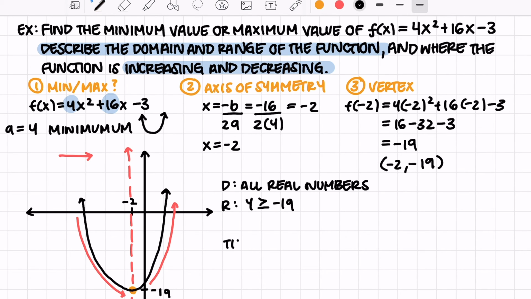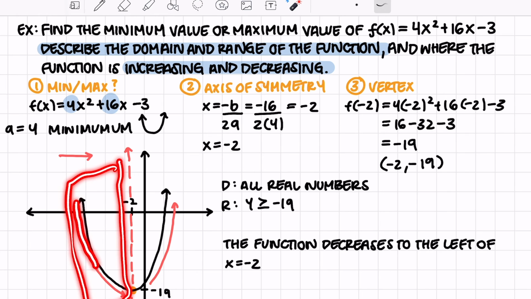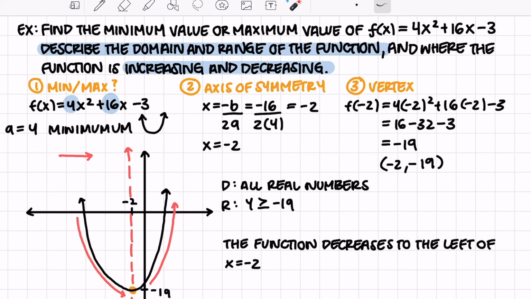So the function decreases to the left of x equaling -2. And that just means on the left side of x equaling -2, our image is decreasing.